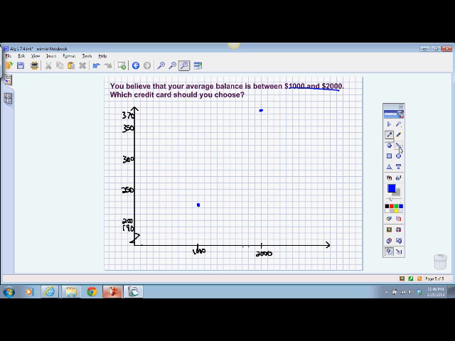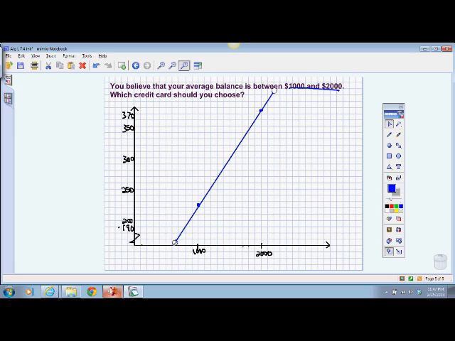And then we'll draw a line between them. No idea why it's making that second black mark there, but we'll just ignore that for now. There we go.